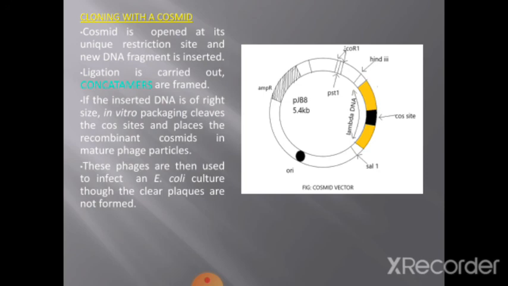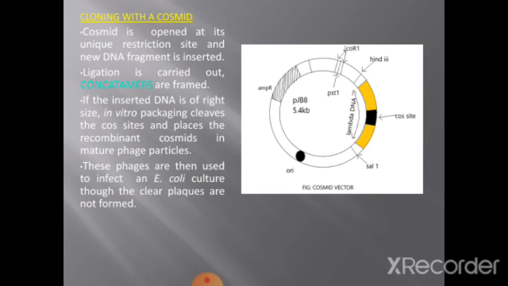What is this? During annealing and ligation of DNA insert, two or more cosmids may join end to end, producing what is known as a concatemer, which is the proper precursor for packaging the genome into phage heads.